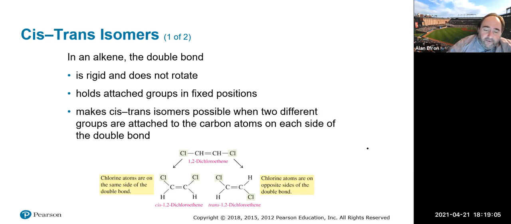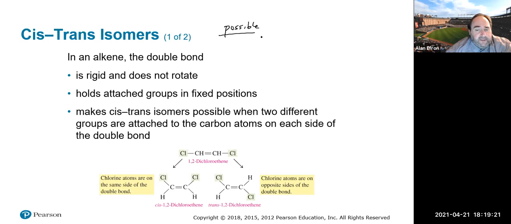How do we know that a cis or trans isomer is really even possible? There's actually a couple of things you have to make sure of in order to determine whether or not a cis or trans isomer is even possible.